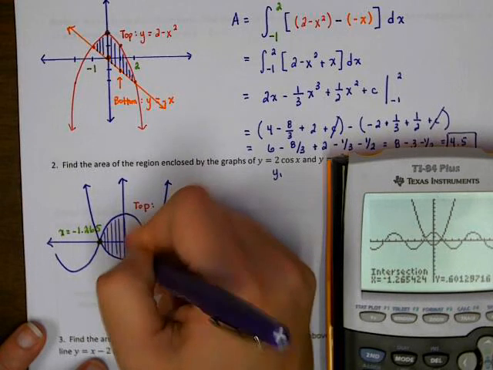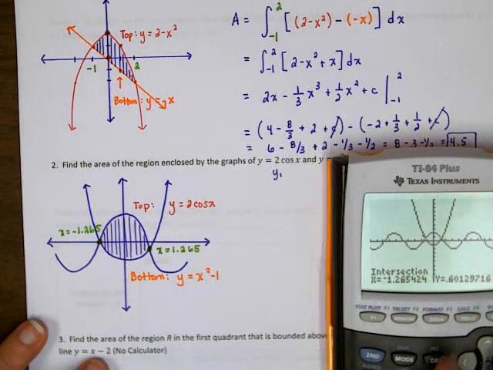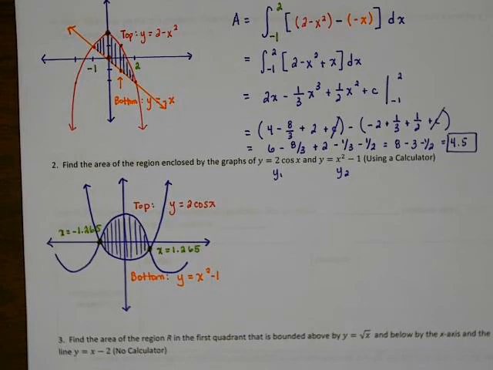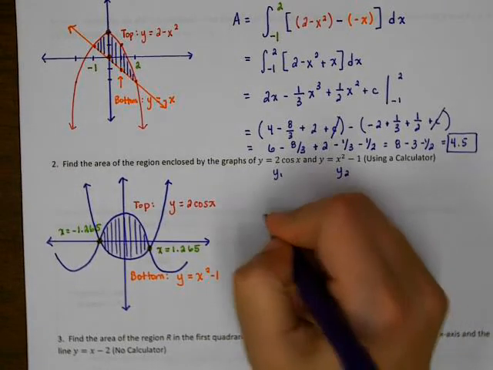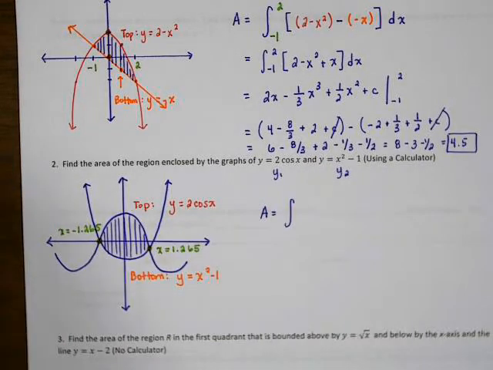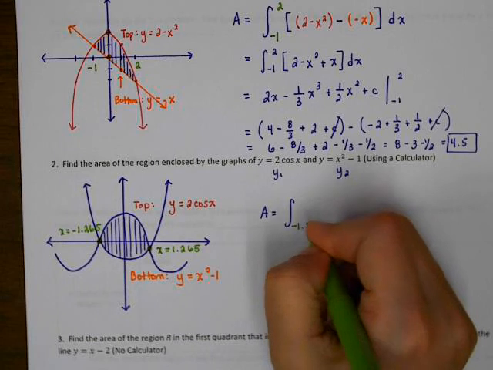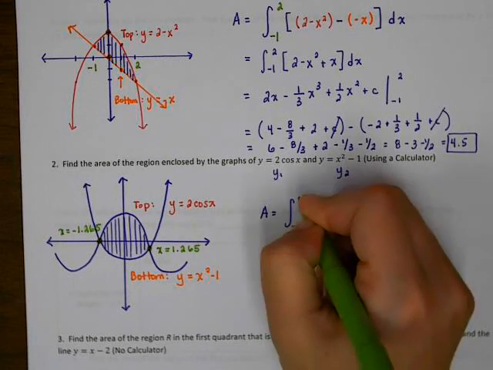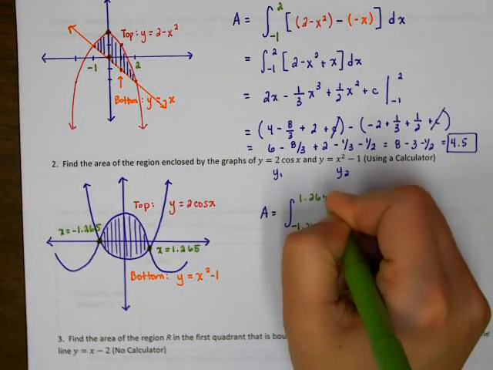Now, my sketch is not 100% accurate, but it gives me a good visual for being able to make sure that I'm setting up my integral correctly. In this problem, once I have my integral set up, I'm not going to actually have to do this by hand. I'm going to be able to type it into my calculator. So the area that I'm interested in here would be the integral from negative 1.265 to positive 1.265.